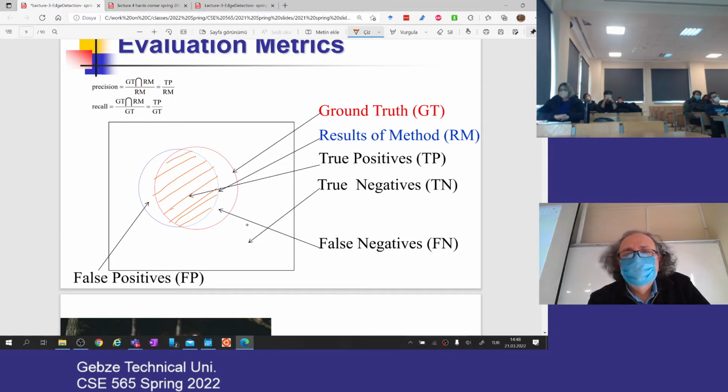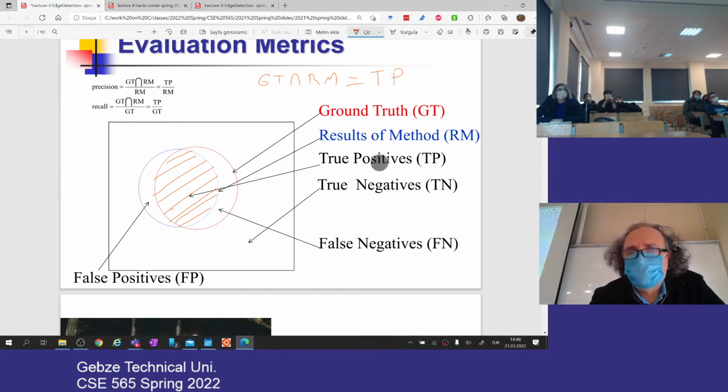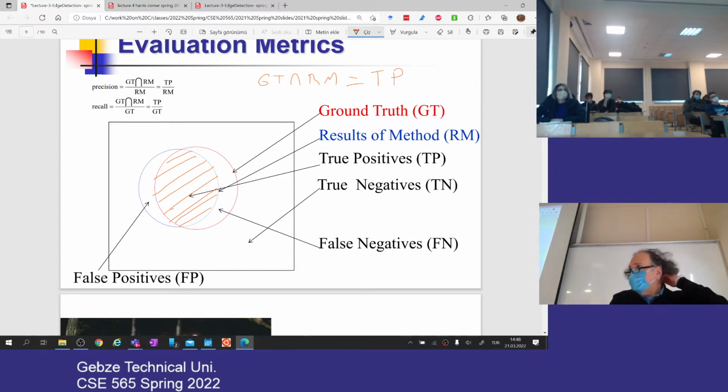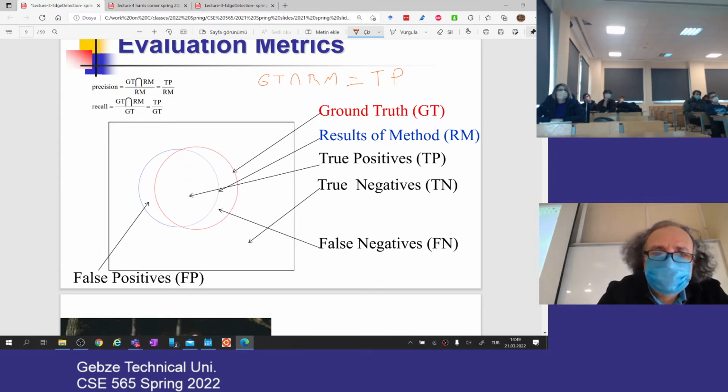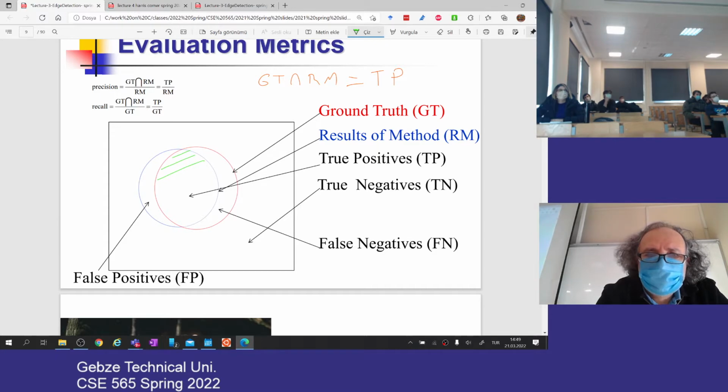That area is the intersection of the ground truth and the results of our method, which are called true positives. So that's the TP, true positives. And we like that true positive area to be as large as possible. Maybe I should color it green. We like green, right? So I like this green area.